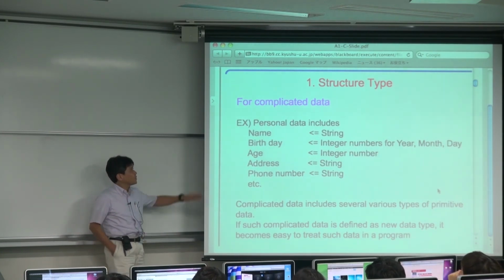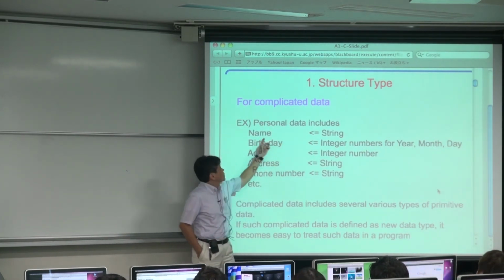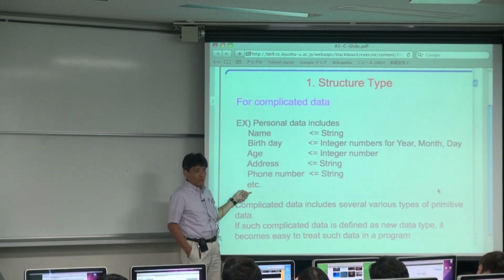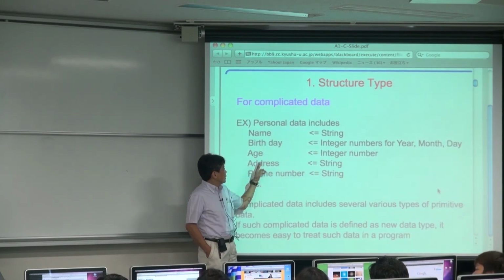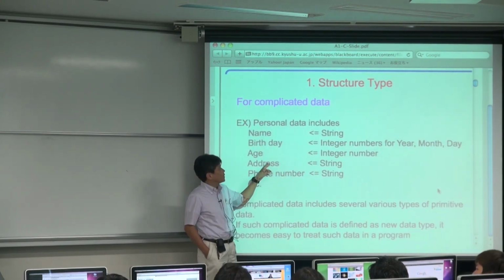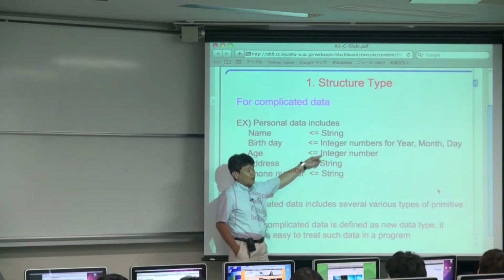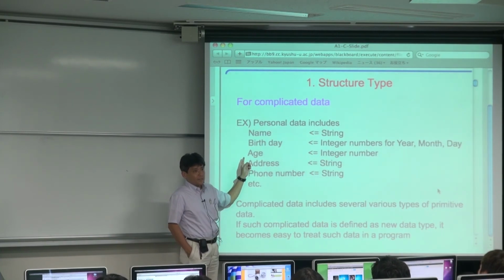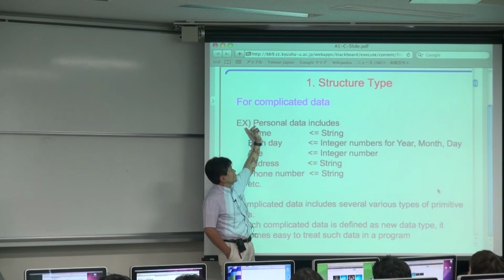For example, as shown here, personal data usually includes name, birthday, age, address, phone number, and so on. These attributes are defined as primitive data types. However, the composition of these data can be defined as special data.